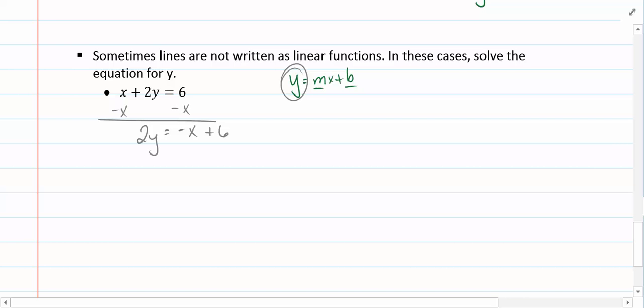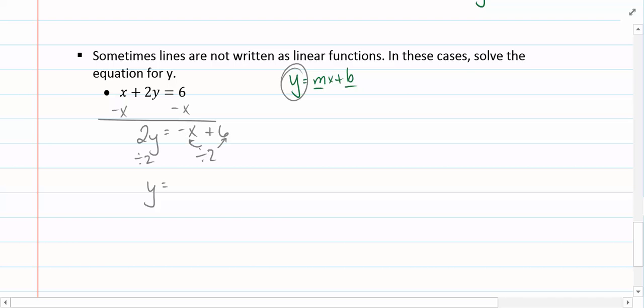Now the last thing to do in order to get y by itself is to divide both sides by 2. And what you'll see is that we do isolate y here. And if we divide by 2 on both sides of the equation, that means we have to divide both pieces, or every term, by 2.